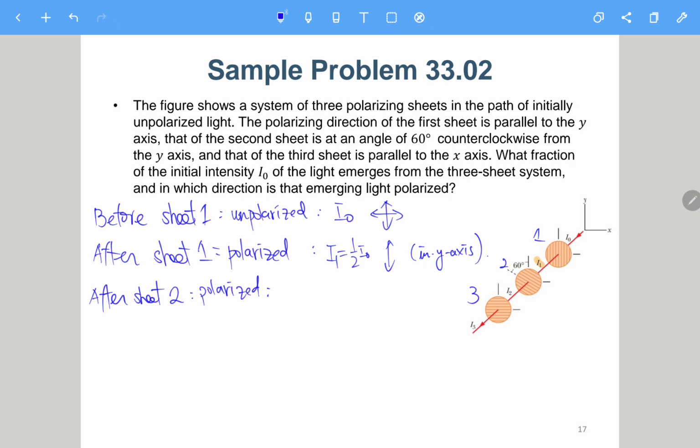So the intensity I2 will be I1 times cosine of 60 degrees, quantity squared. Because here the light is vertically polarized, which means there is a 60 degree angle between the incident light's polarization angle and the polarizing filter.